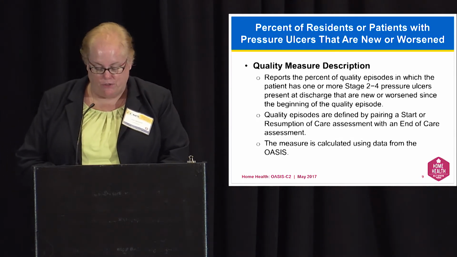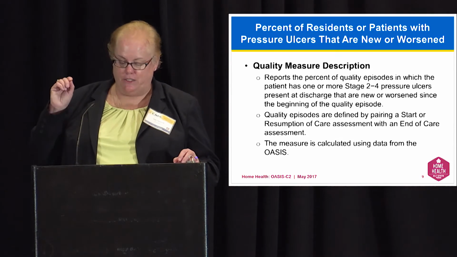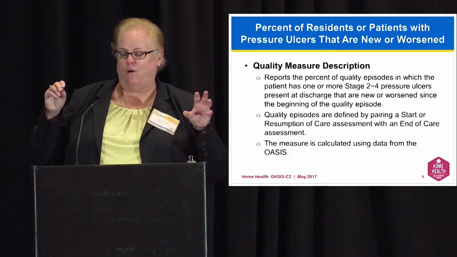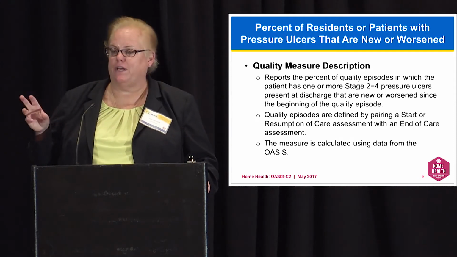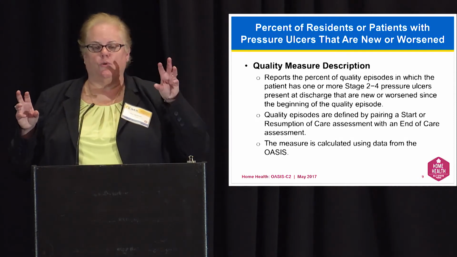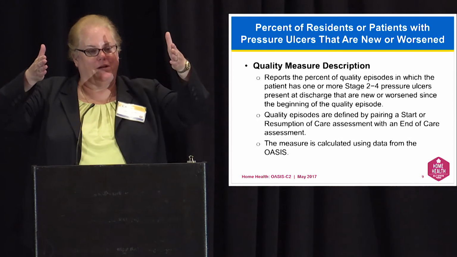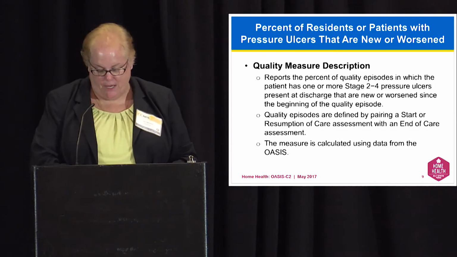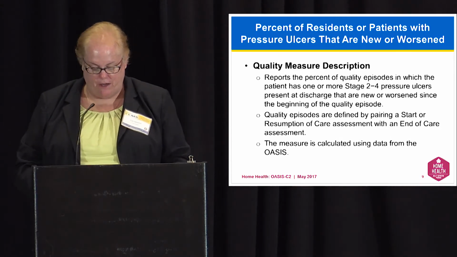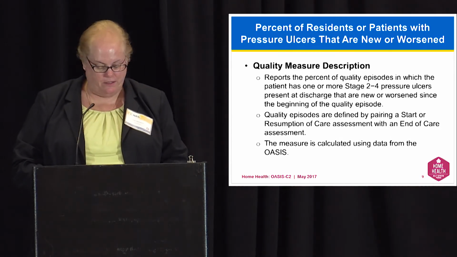And the quality episodes are defined as pairing a start, a SOC, or a ROC, so start of care or resumption of care, with an end of care assessment. So we won't be looking at this measure until we have a quality episode, right? A beginning and an end of it. And the measure is calculated using data from the OASIS.